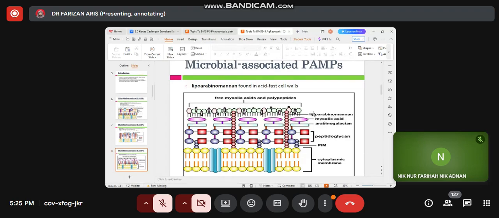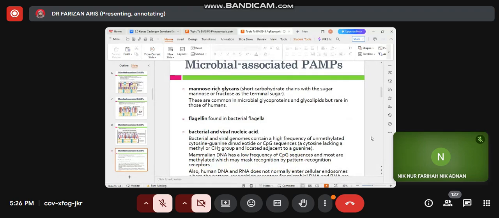So we can see, right, the pattern of the PAMP could be any unique part of the bacteria. It could be mannose, flagellin, the protein of the flagellum, and bacterial and viral nucleic acid.